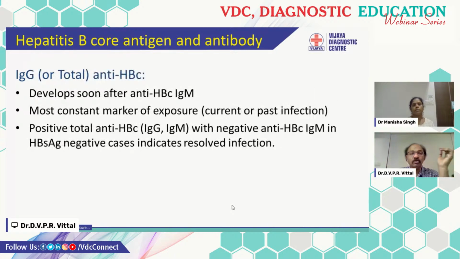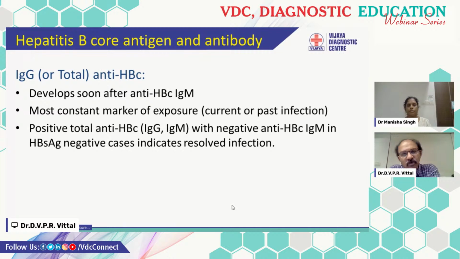Now, let us go to the IgG antibody or the total anti-HBc antibody. After the disappearance of the IgM antibody, the IgG antibody starts appearing. And this is the most constant marker of exposure. Usually after 6 months, this particular antibody is seen.